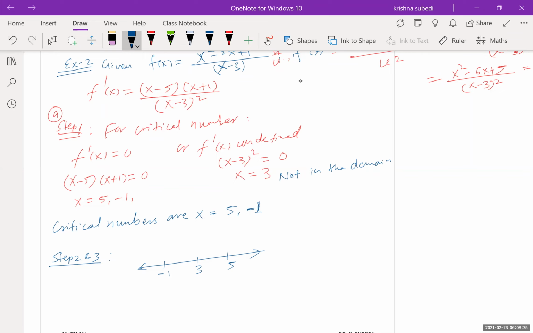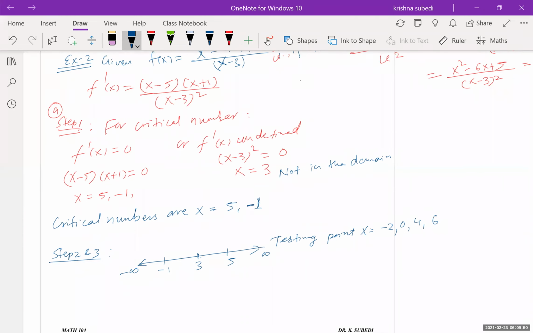So for that reason, we just put that 3 here as well and test. Now your testing points: in the first interval, you may want to choose -2 maybe. In the second interval 0, third interval 4, and fourth interval 6. These are the testing points.